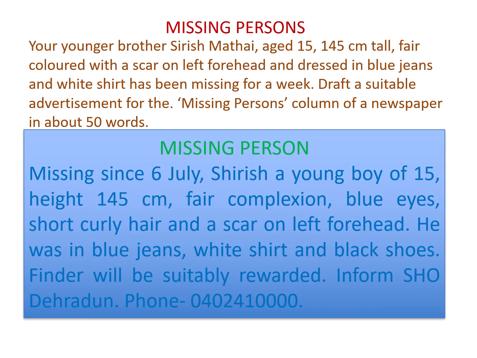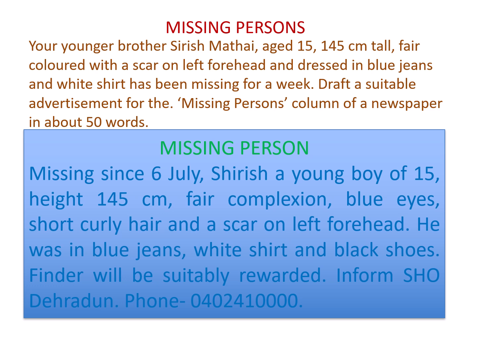Missing persons. Your younger brother Shirish Matai, aged 15, 145 centimeters tall, fair-colored with a scar on left forehead and dressed in blue jeans and white shirt has been missing for a week. Draft a suitable advertisement for the missing persons column of a newspaper in about 50 words. Missing person.